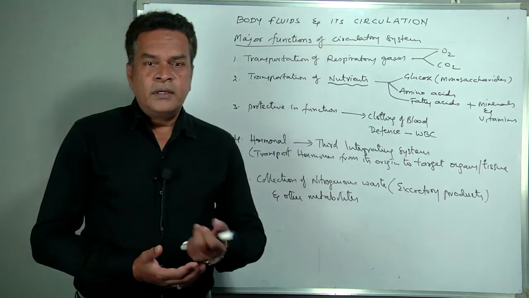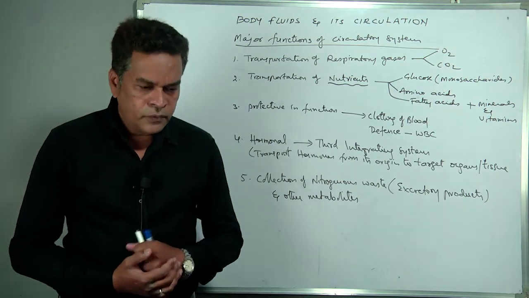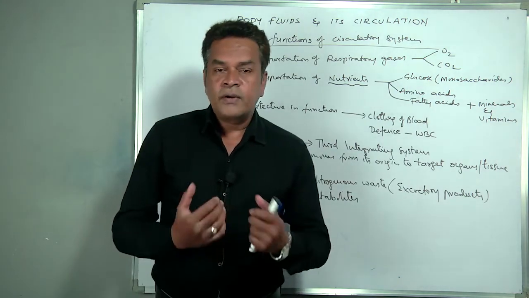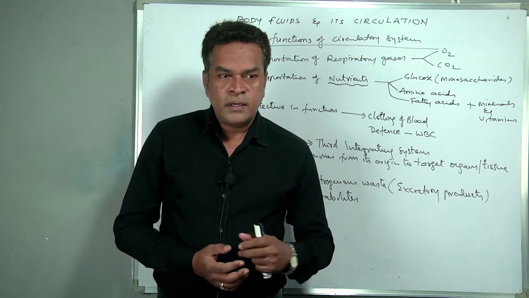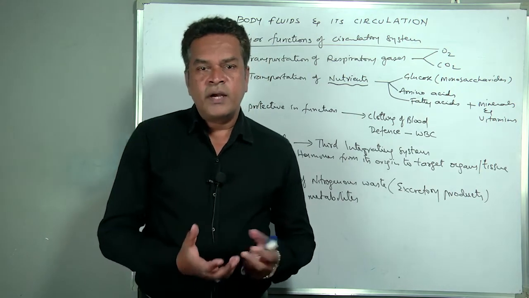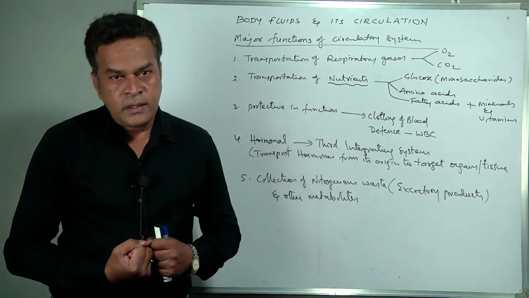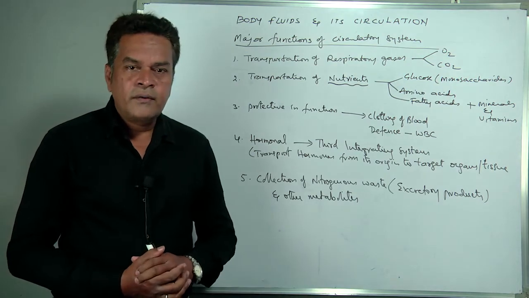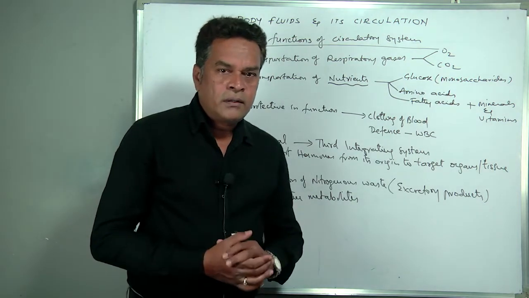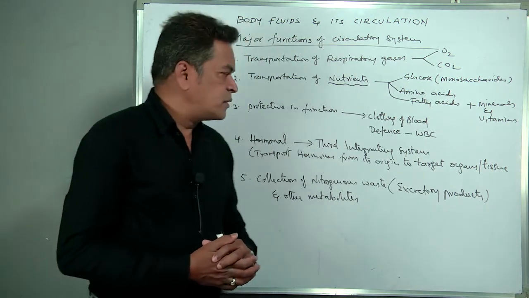Why? For energy. And whatever metabolic waste is released by the cells, like carbon dioxide and other metabolites, will be collected once again by the blood and handed over to the different organs for elimination.